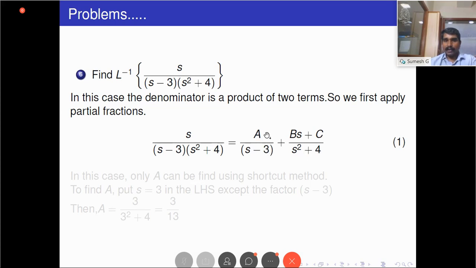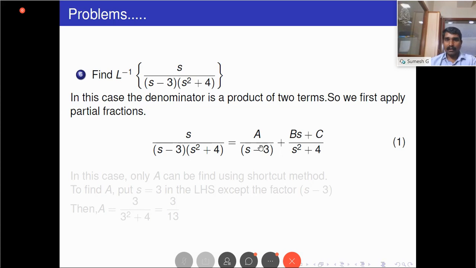Here we can find the value of A by shortcut method, because A is the coefficient of a non-repeated first degree term. B and C correspond to a second degree expression. So we have to find B and C by the general method.